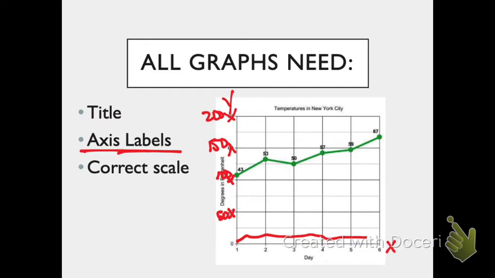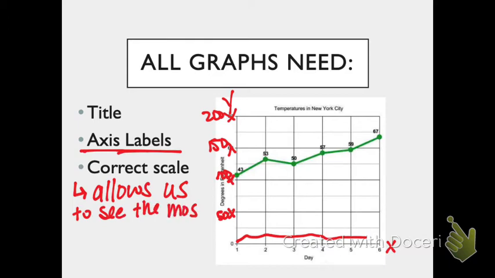The scale that we use, I want you to make a little note here. The scale that we use allows us to see the most detail in our graph. Okay, so by choosing the correct scale, it allows us to see the most detail that we can.